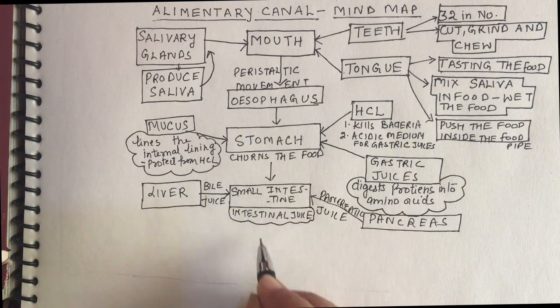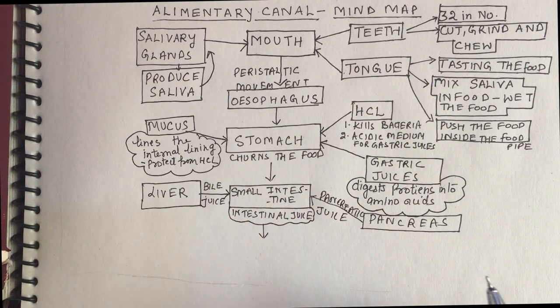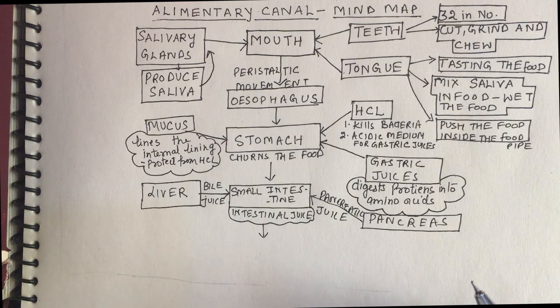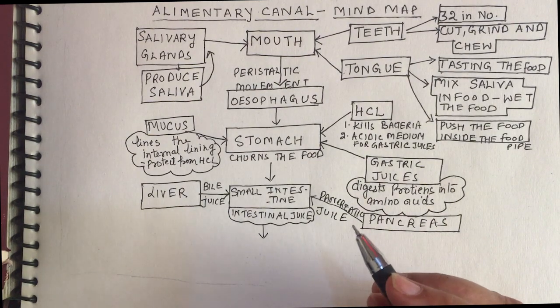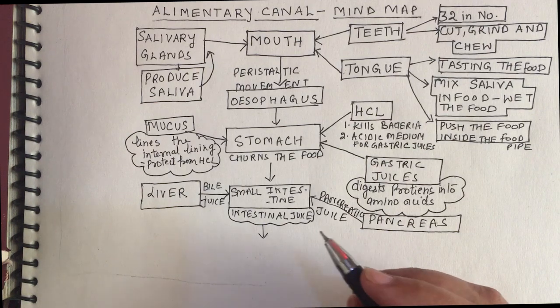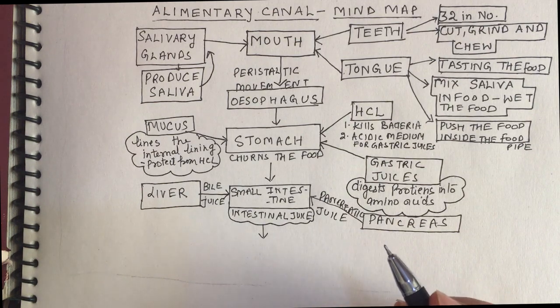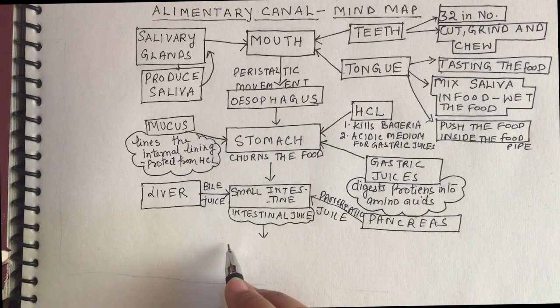Now all these three juices helps in digesting the food. Proteins gets changes into amino acids, then carbohydrates gets changes into glucose, fats gets changes into fatty acids and glycerol.